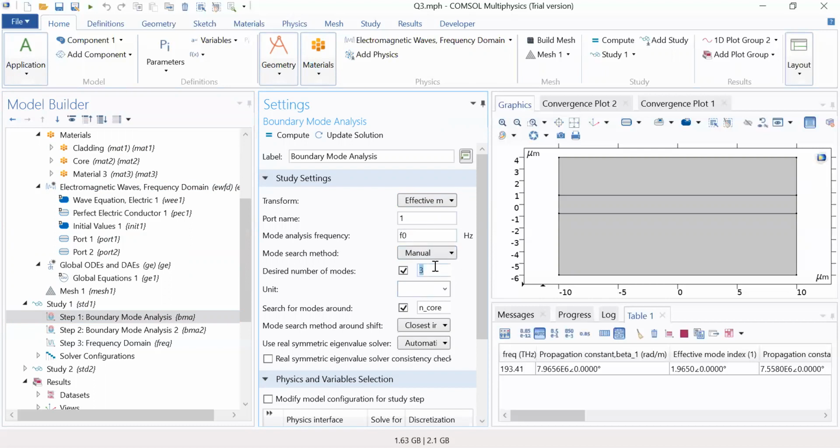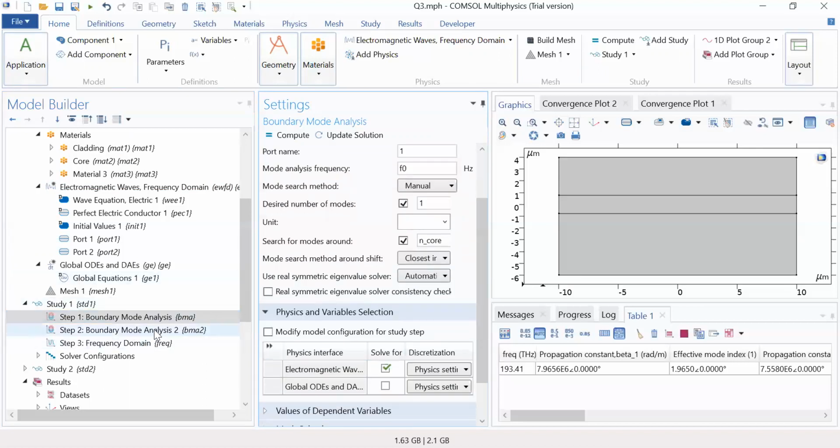From this, we are again choosing the number of modes and searching for modes around which we already worked in the symmetric case, which equals n core. So we are interested only in the core region. So we define n core in both of these boundary mode analyses.